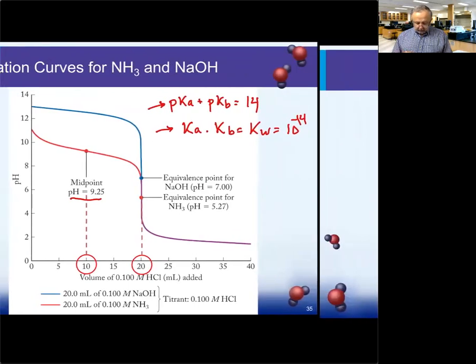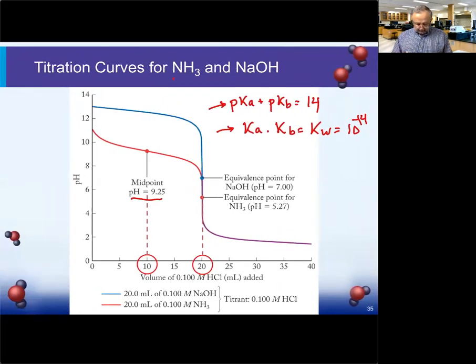So this is a base, and this is the pKa of the corresponding acid. This is the pKa of, not the base, but the conjugate acid, which is NH4+. It's equal to 9.25.